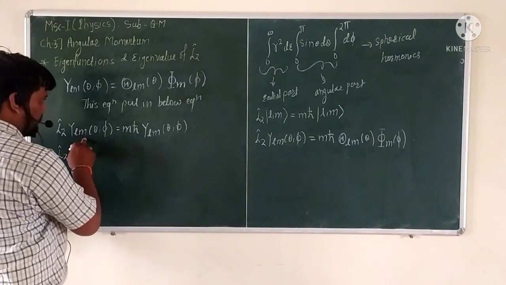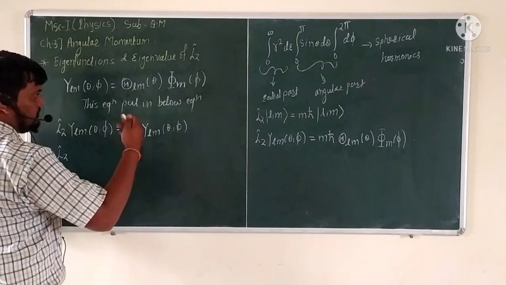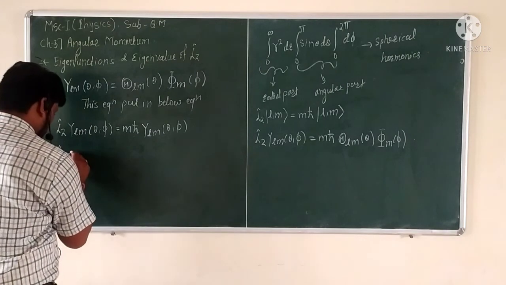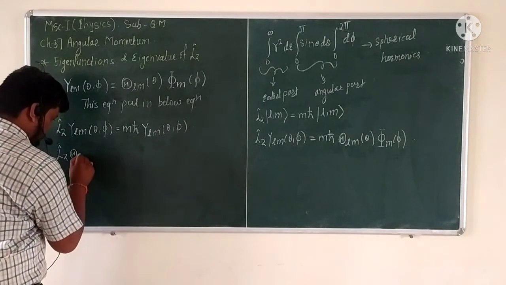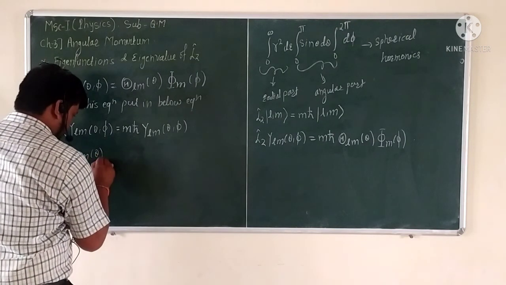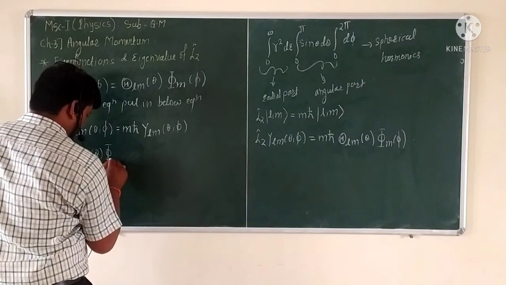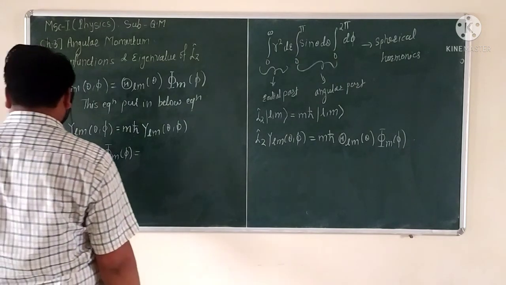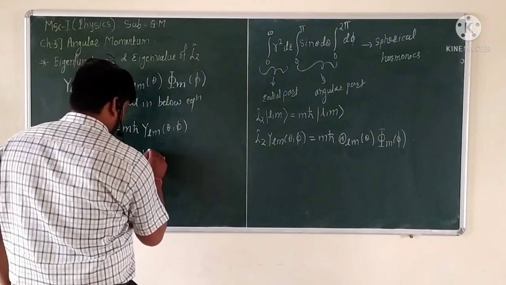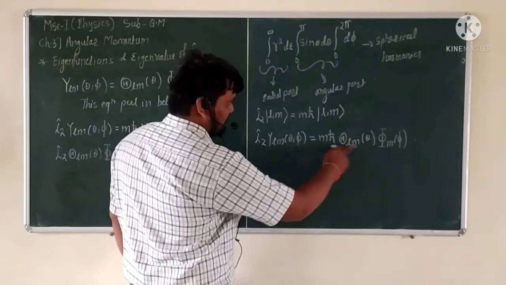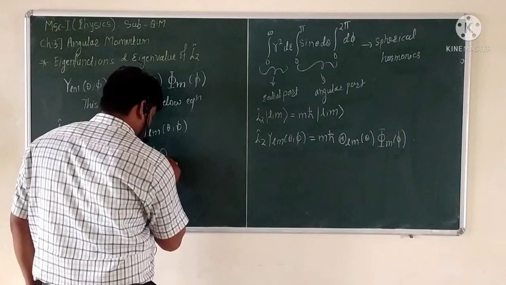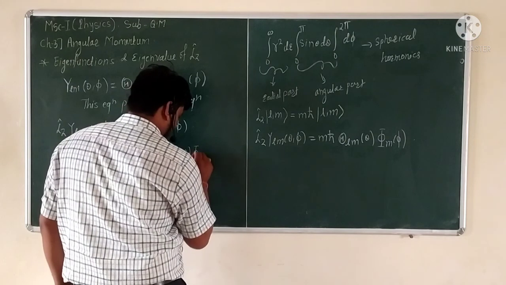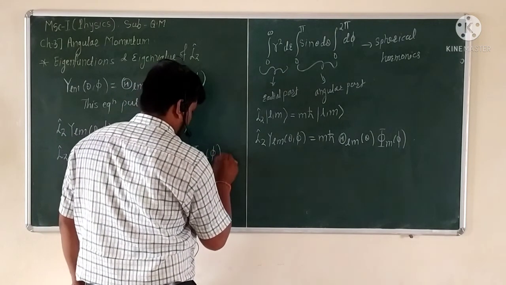LZ cap YLM of theta phi: putting this value, capital theta of Lm, a function of theta, and capital phi, a function of small phi, is equal to m h cross times capital theta of Lm of small theta and capital phi m of small phi.